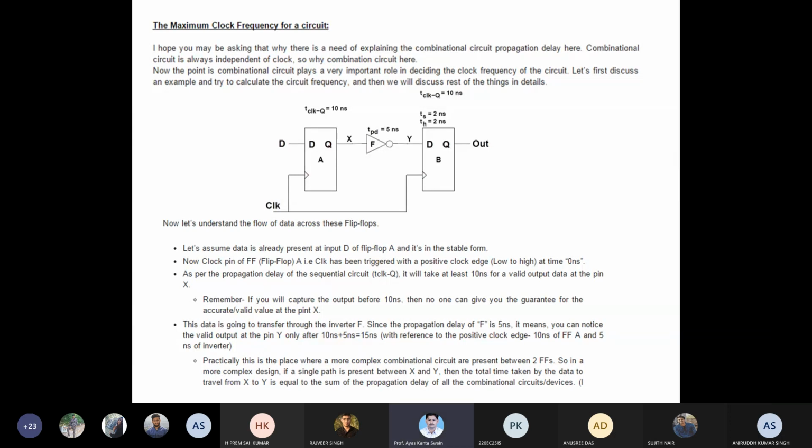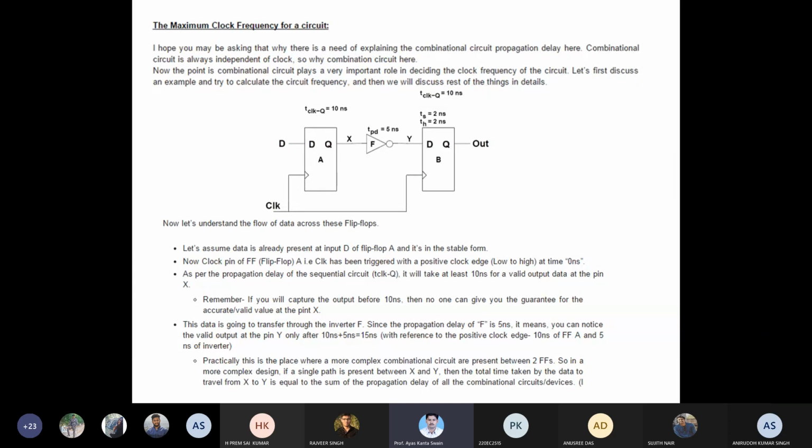Let us assume the data is already present at the D input of flip-flop 1, or flip-flop A, and is in stable form, so we are not considering the setup time of flip-flop A. Now the clock pin of flip-flop A has been triggered with a positive edge of the clock pulse, so the clock is traveling from low to high at 0 nanosecond. As the propagation delay of the sequential circuit is TCLKQ, it will take at least 10 nanoseconds for a valid output to be available at X, the output of the flip-flop.